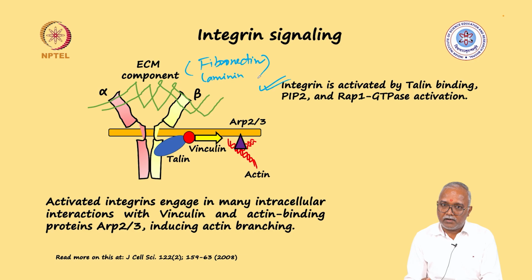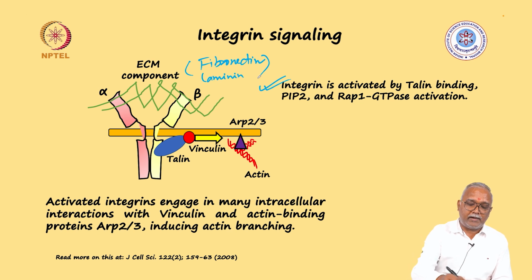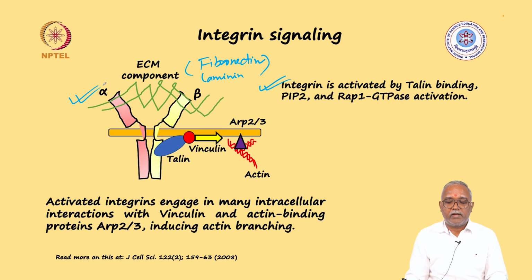Fibroblast growth receptor is responding to fibroblast growth factor. Basically, those factors are present in the extracellular matrix. So even such growth factors can also come in handy when it comes to the activation of integrin signaling.